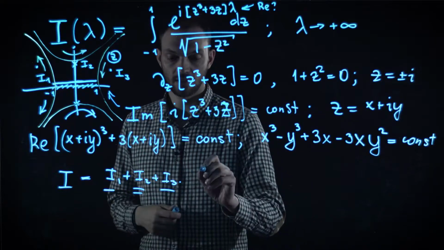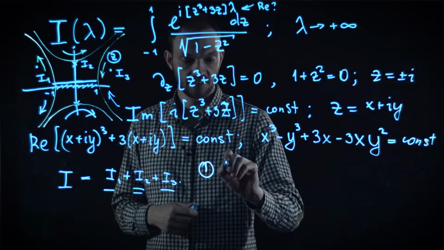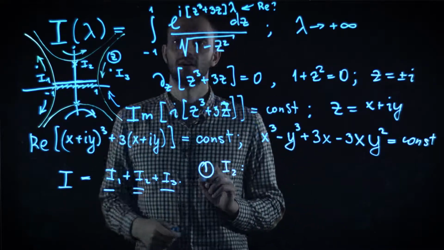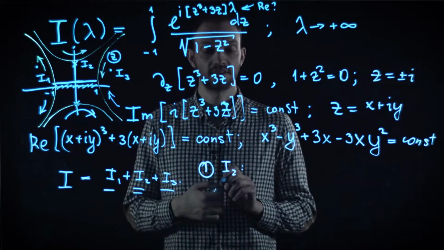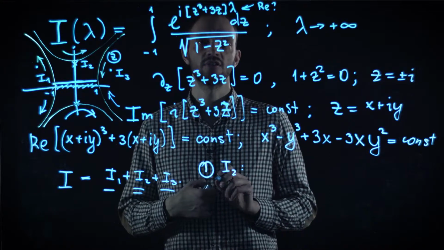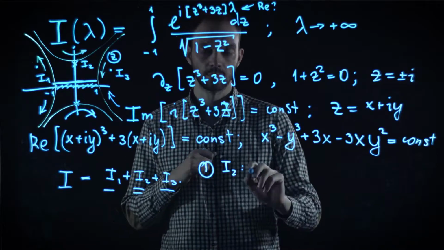So for example, as a first case, let us discuss evaluation of I2. And this is a typical integral to be evaluated by a saddle point approximation. The first step in evaluation of such an integral is to estimate the exponent at the location of the saddle point.